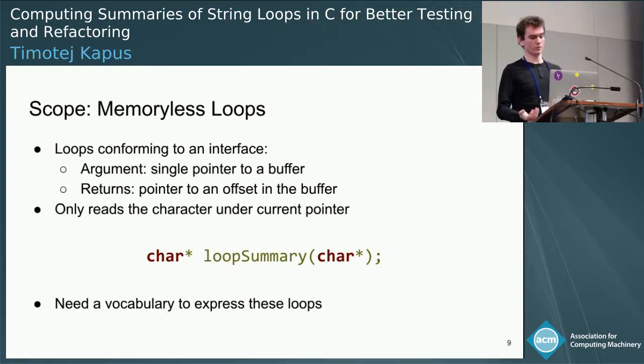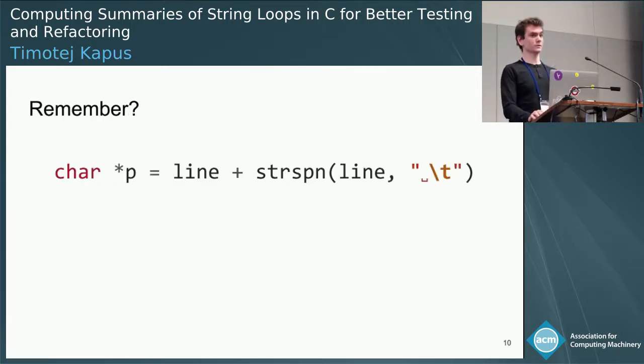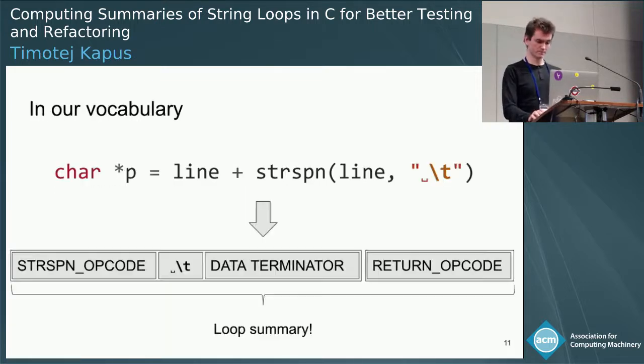First, we needed a vocabulary to express these sorts of loops that fit the scope. If you remember the example I started this talk with, the way we would express it is as two instructions, basically. One is a strspn instruction, which has some sort of payload, which is the second argument of strspn, and some data terminator, so you know where it ends, and the return one, which basically says this is the end of the summary.